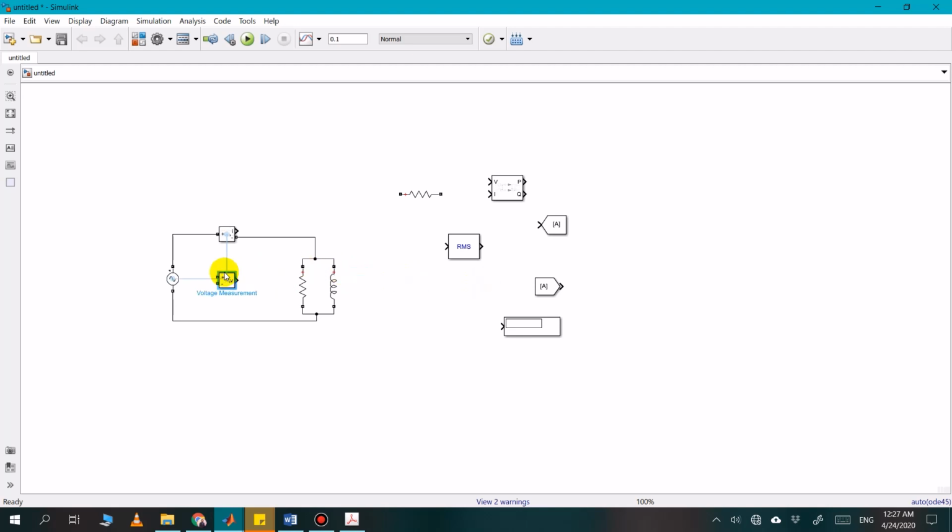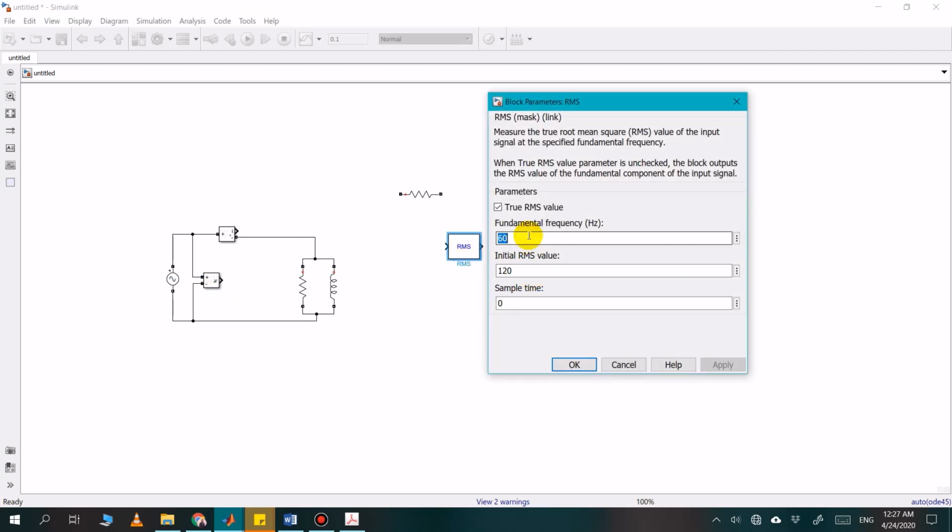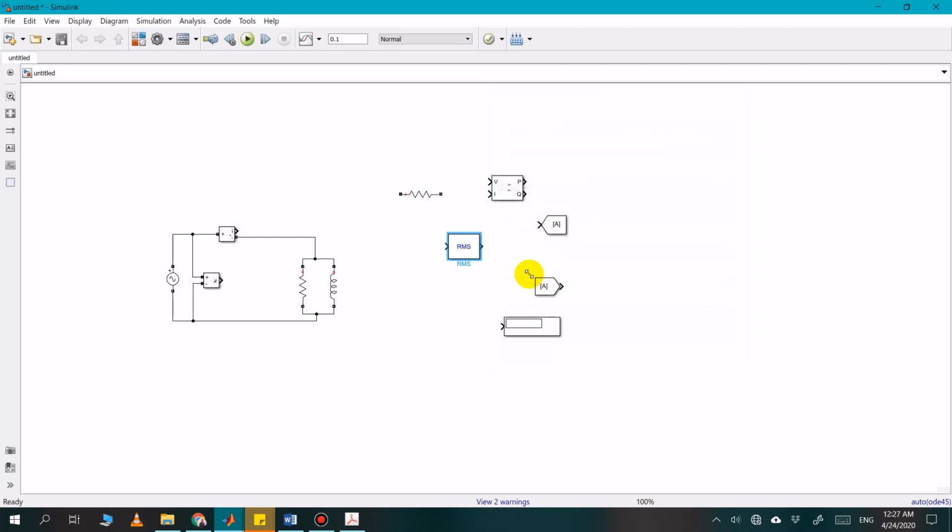Okay, that's that voltmeter. Set it to 50 volts. We should have this voltage 0. Okay.